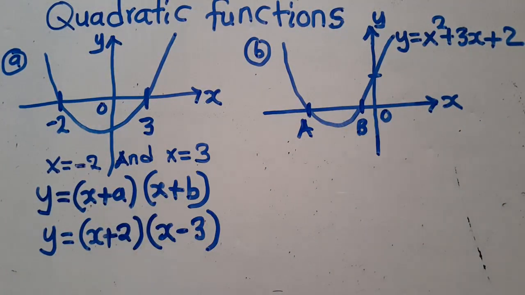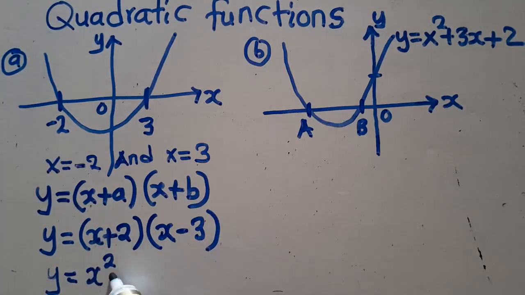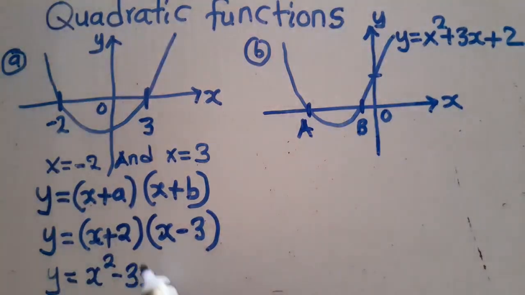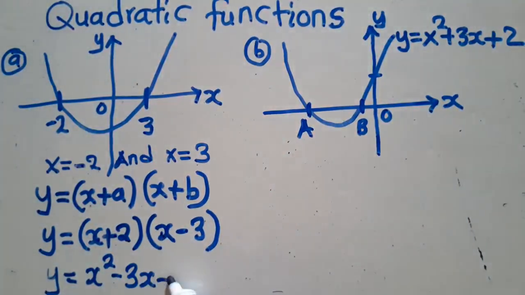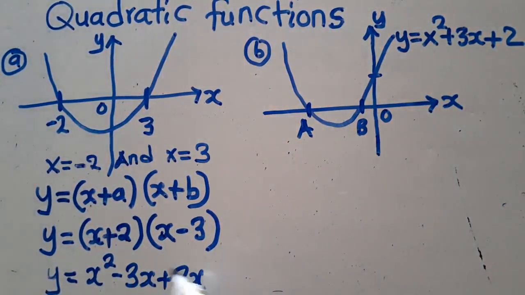After you do this, then you multiply, where you say y is equal to x times x, that is x squared, x times -3, that is -3x, 2 times x, that is plus 2x, 2 times -3, that is -6.